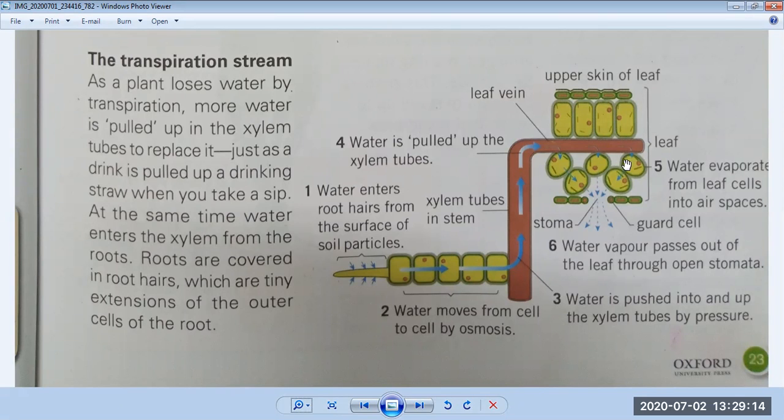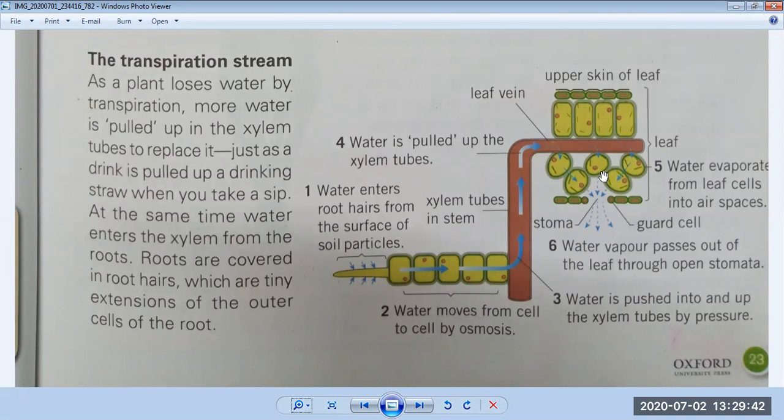So this function happens here, because when water reaches the leaf by xylem tubes, the leaves use that water for making food for the plant. And at that time you can see these are called guard cells and this is called stoma. They are present inside the cell, and these air spaces are stoma, and these show the guard cells.